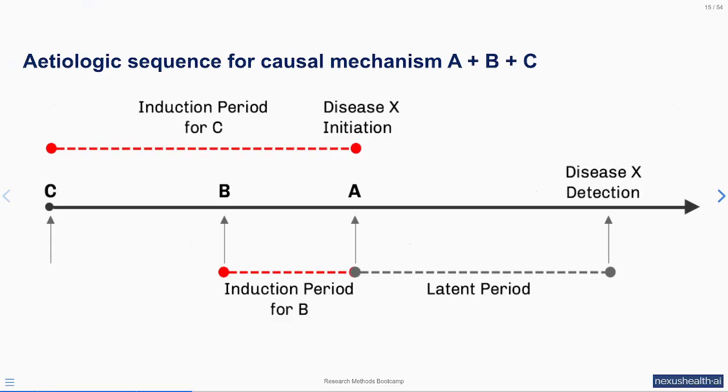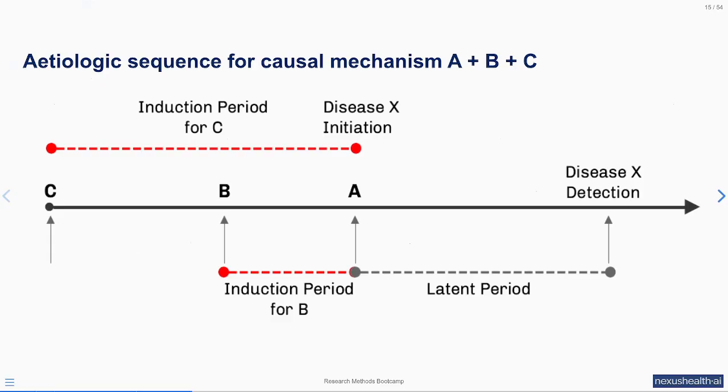And then finally we have A, which together with B and C now becomes the sufficient cause for the disease to occur. So at the point where A comes in, disease X becomes initiated. And so that's why we say the final component cause has an induction period of 0. And then from the point where the disease is initiated to the point where it is detected is the latent period.